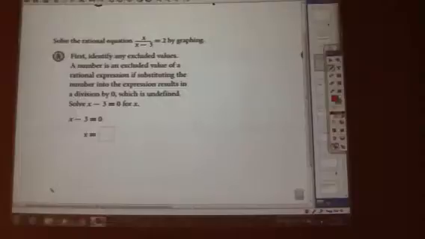A number is an excluded value of a rational expression if substituting the number into the expression results in a division by 0. Which means you're just going to set the denominator equal to 0. So x minus 3 equals 0, so x would equal 3. 3 is the excluded value.